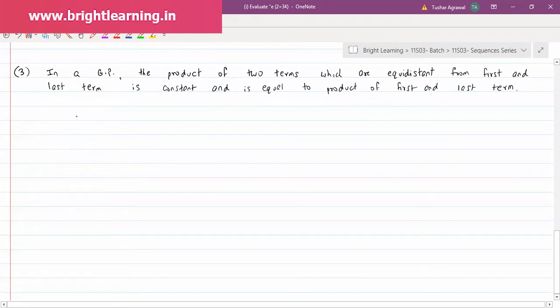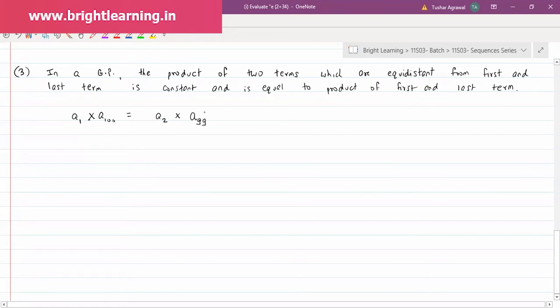So it will be something like A1 multiplied by A100 is equal to A2 multiplied by something. A2 is A1 into R. So we have an R extra here, A1 multiplied by R. So we can do A100 upon R, and A100 upon R is what?